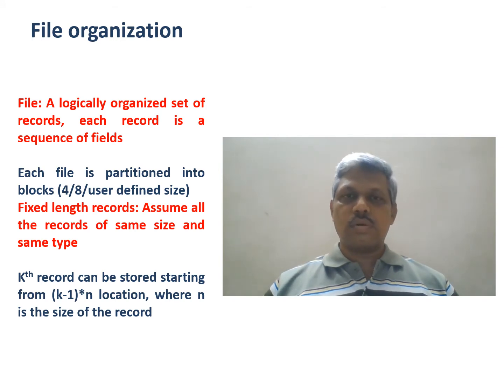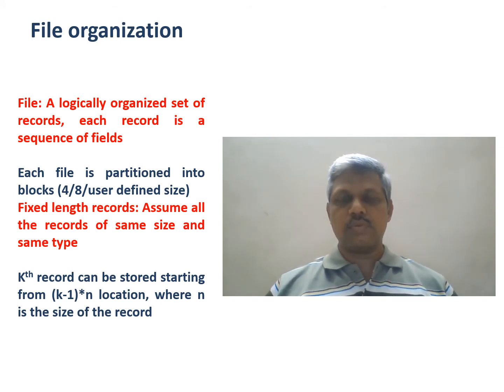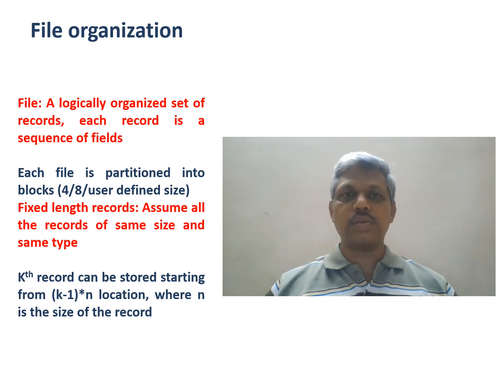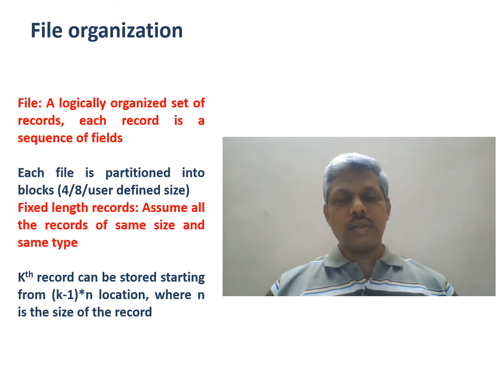So the file organization, once we define a file, the file organization comes into picture, which is actually how we arrange the records in a file. When we talk about arrangement of records, again we need to understand the nature of the records. Are the records fixed length all the time?